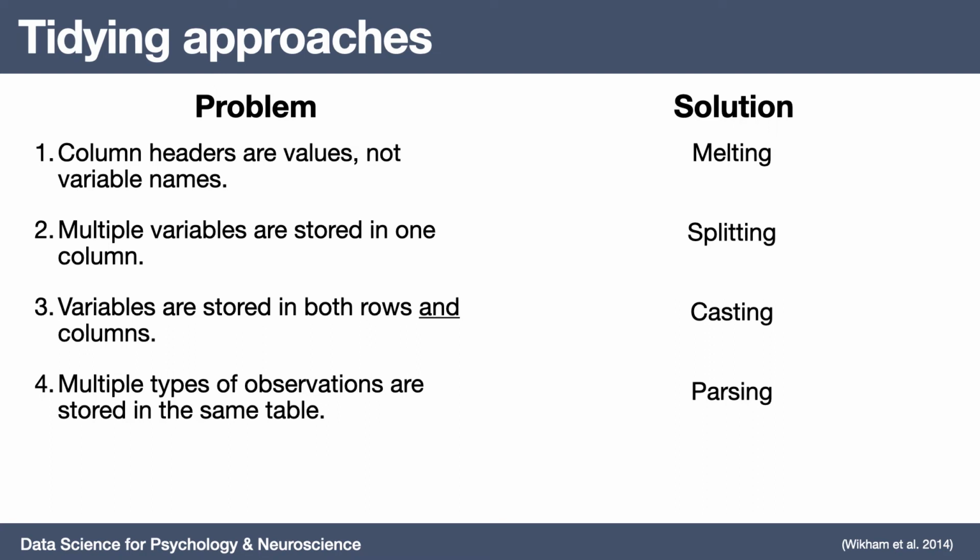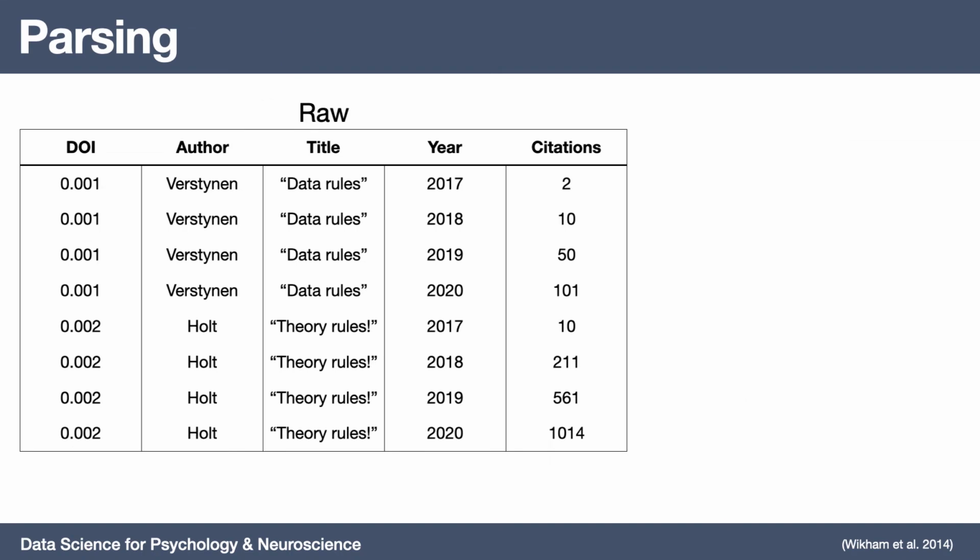Another problem we run into with data tables is when you have multiple types of observations that are stored in the same table. And the solution to this is something known as parsing. So let's consider this example. I have a data table of document ID numbers, DOIs, for different papers. Let's say one paper is authored by Versteinen with the title Data Rules.